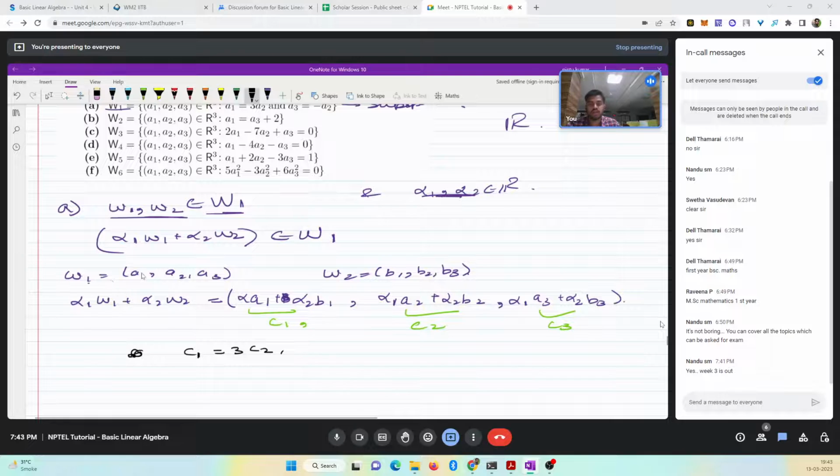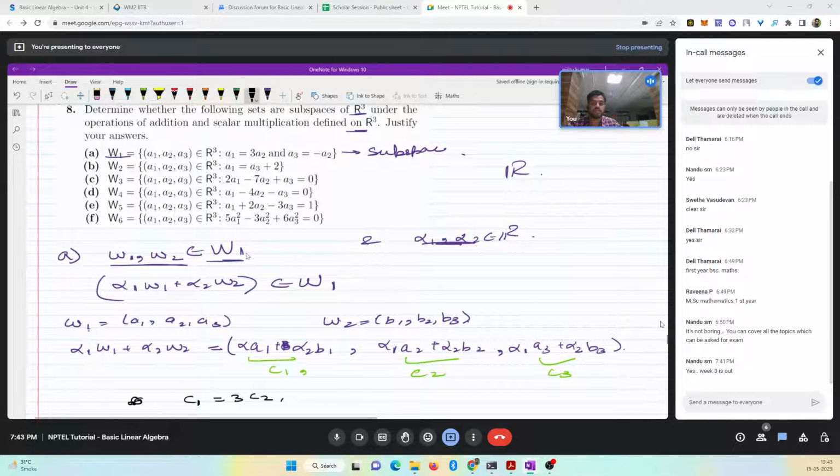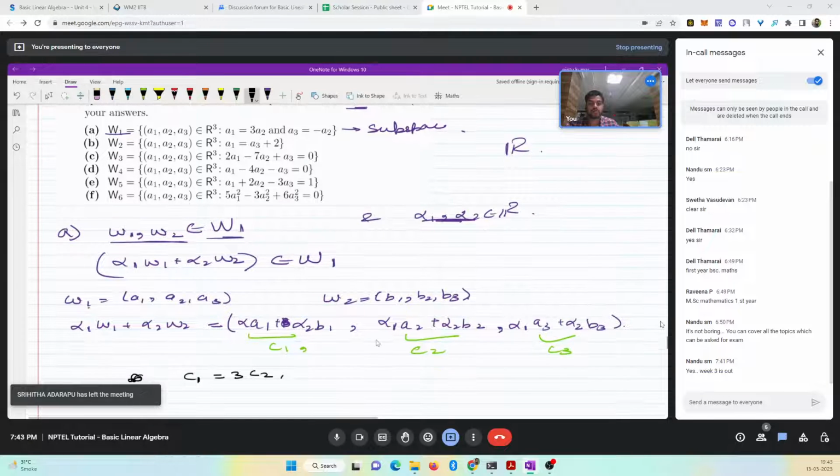As W1 and W2 were already elements of this set W, they satisfy this property. So what is A1? A1 is 3 times A2. What is B1? B1 is 3 times B2.